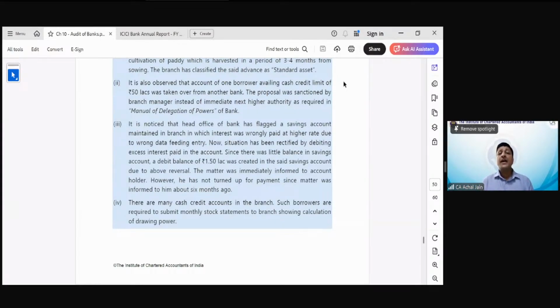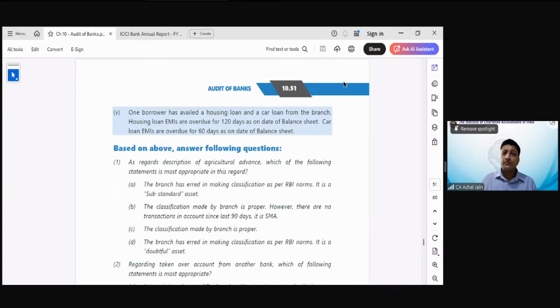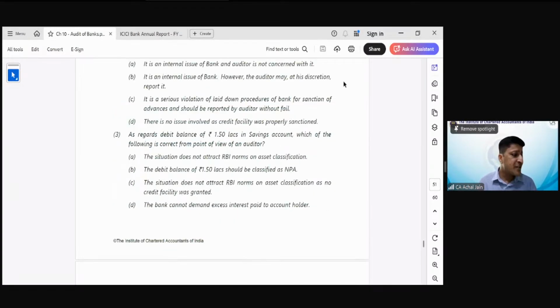Proposal was sanctioned by the branch manager. Delegation of authority required his senior to approve, but that approval is missing. Yes or no? Yeah. So this could lead to a fraudulent scenario also. Okay. So that's why it's a serious offense.